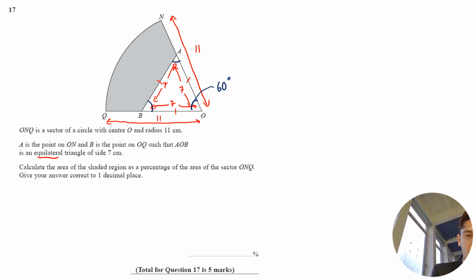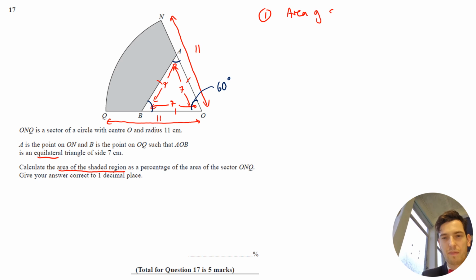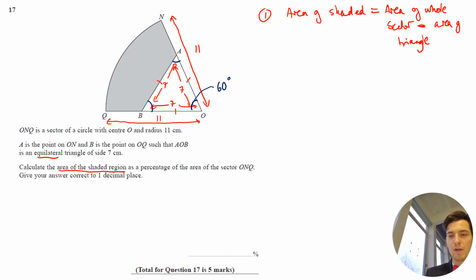So I need to find the area of the shaded region. To do that, I'm going to need the area of the whole sector minus the area of the triangle. That's going to be my shaded area. So how do I do that?